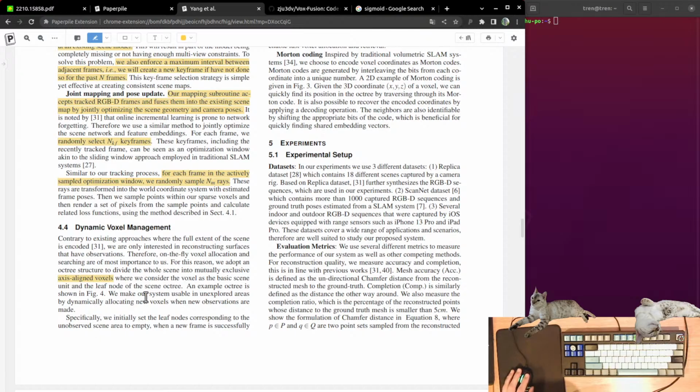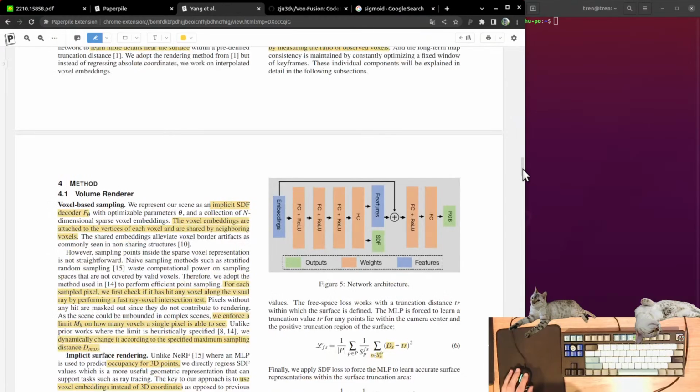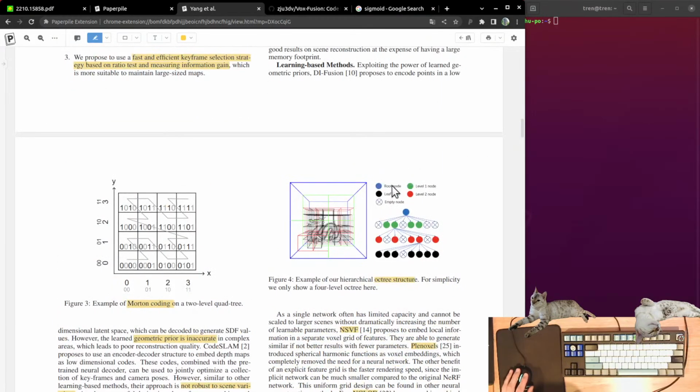Example octree is shown in figure 4. I think that's the figure we were looking at here. Yep, this is the Vox tree showing kind of empty nodes, leaf nodes, which is where information actually sits. Right, you have this little dragon here. Black are voxels that contain actual stuff. Those are black.